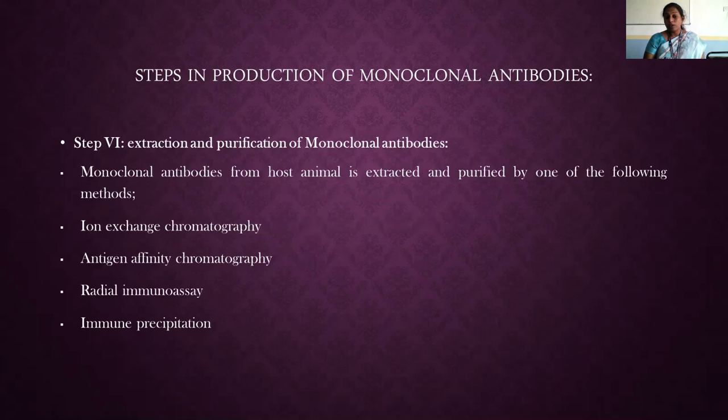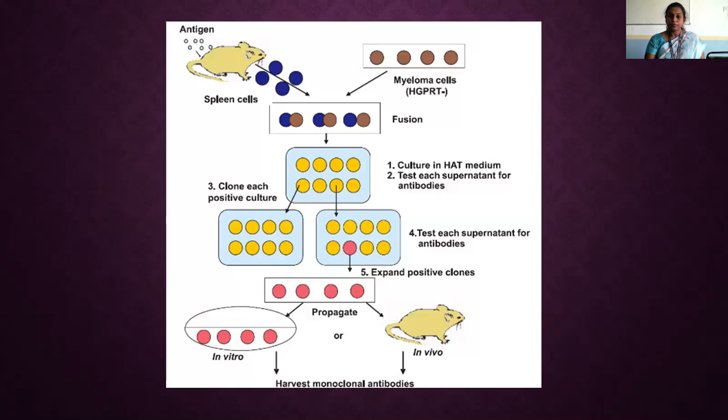The next step involves extraction and purification of the monoclonal antibodies. The monoclonal antibodies obtained from the host animal are extracted and purified by any of the following methods: ion exchange chromatography, antigen affinity chromatography, radial immunoassay, as well as immunoprecipitation.